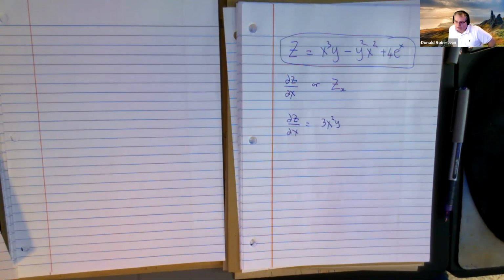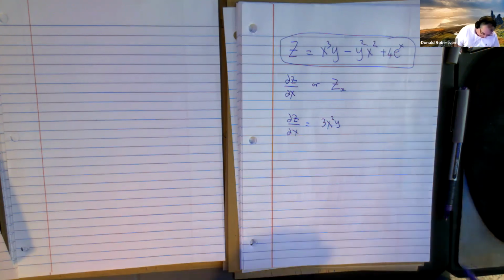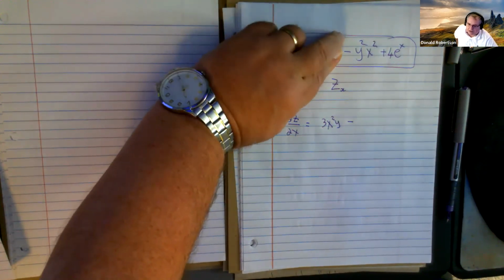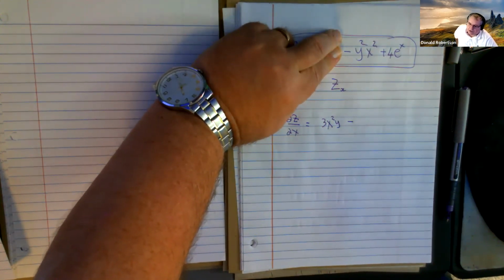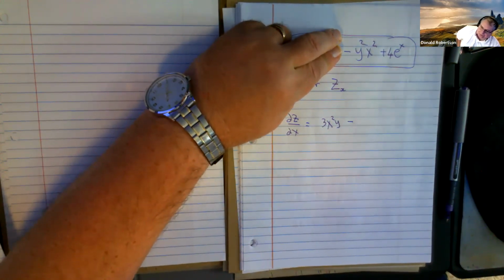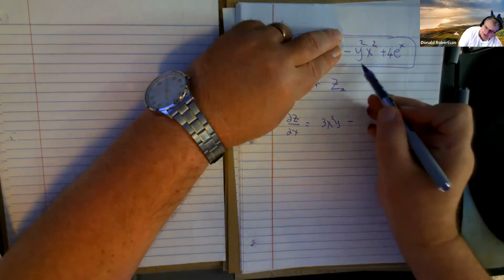Because if I went and said to you, differentiate 5x cubed, wouldn't you still have a 5 there, right? You'd still keep the 5. You just go 5 times 3 and get a number. Now, if you move on to the second term, what would you get if you differentiate y squared x squared with respect to x? What would that be?